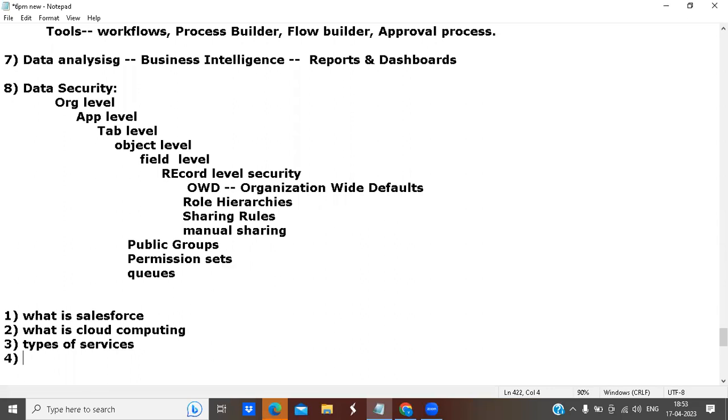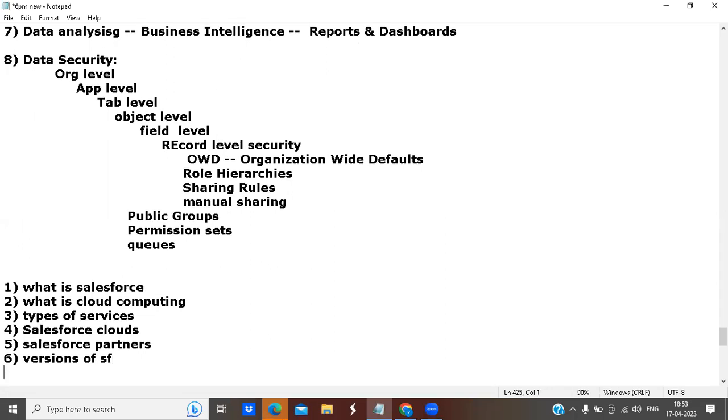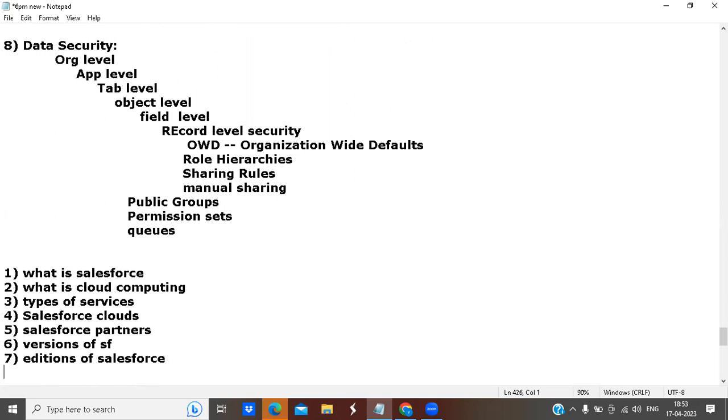After that, we were discussing Salesforce clouds, Salesforce partners, versions of Salesforce, editions of Salesforce, and environments of Salesforce.